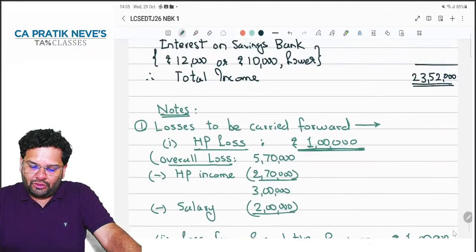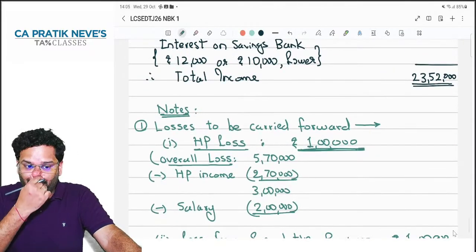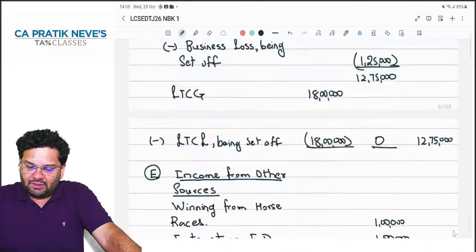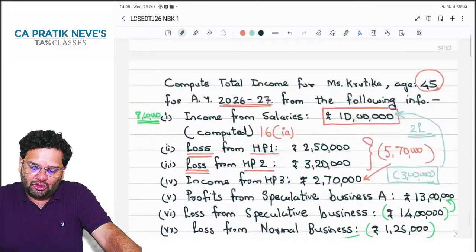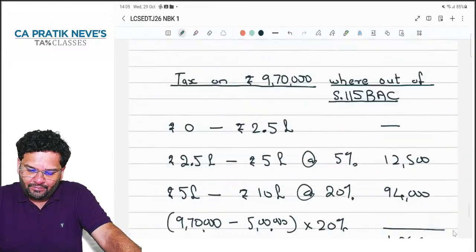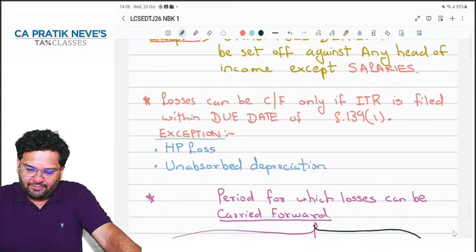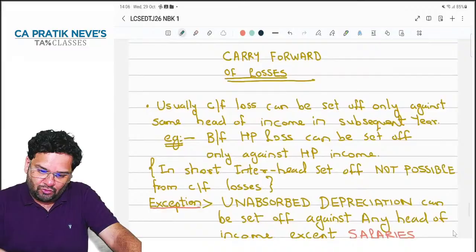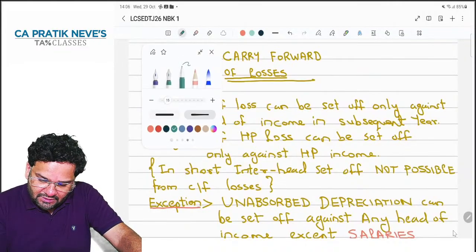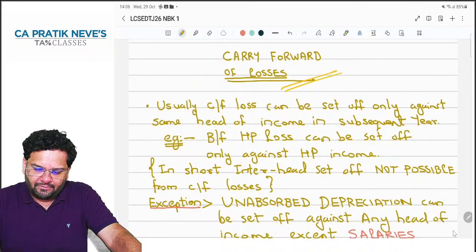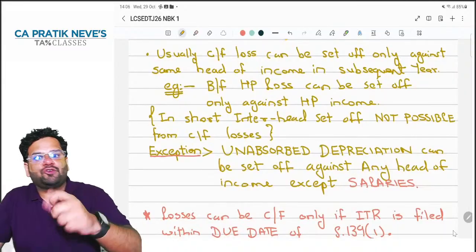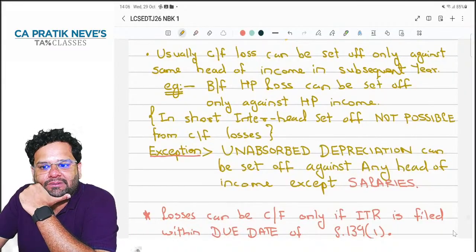Now I'm also going to tell you some speciality about the losses which are carried forward. See, whatever losses you are carrying forward, usually in the next year, you have carried forward HP loss in our example.